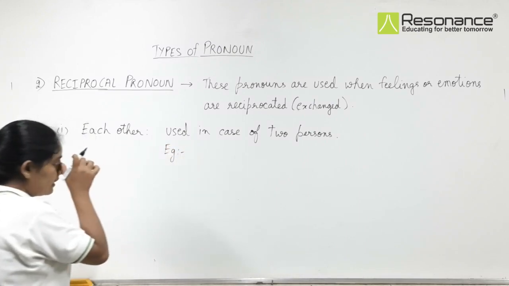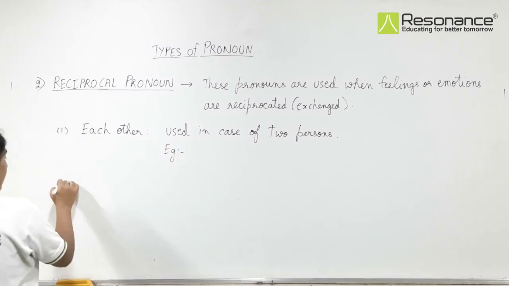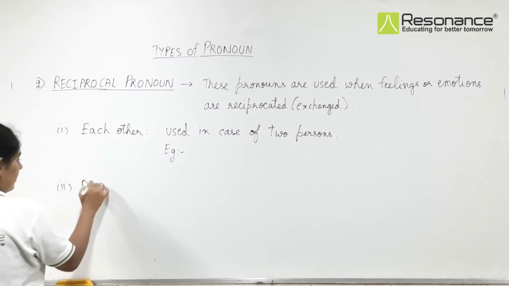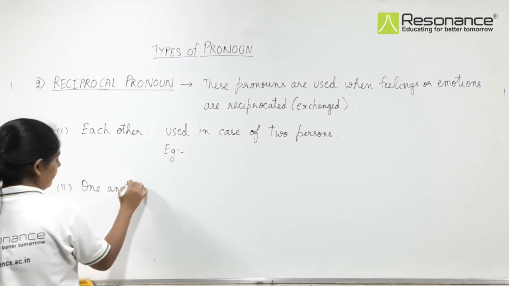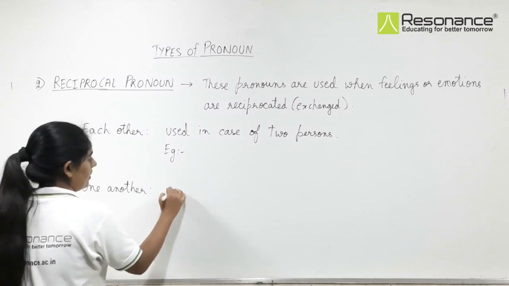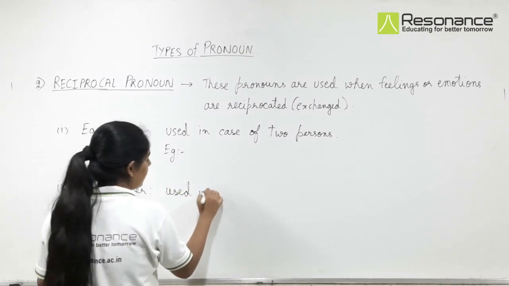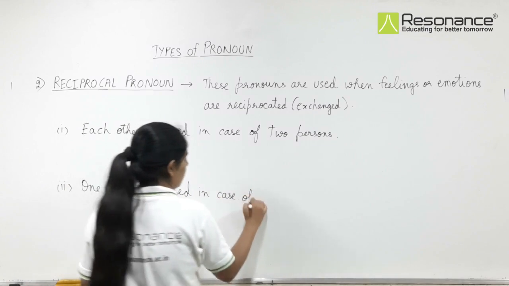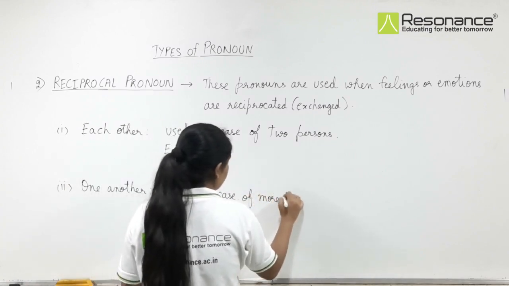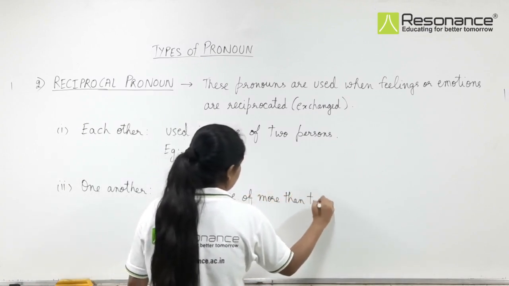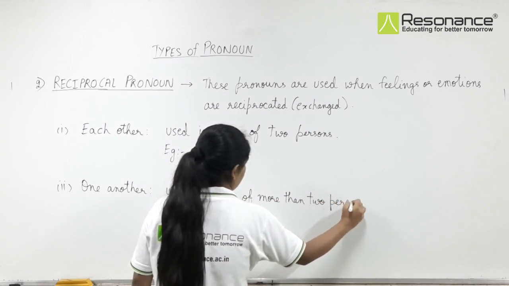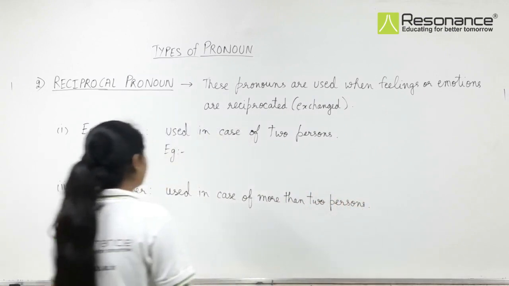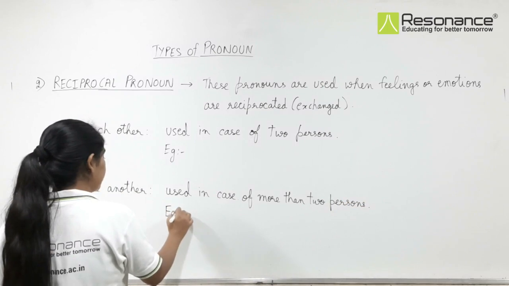Let's have a look at the example first. Now this one another is used in case of more than two persons. Now let's have a look at the examples.